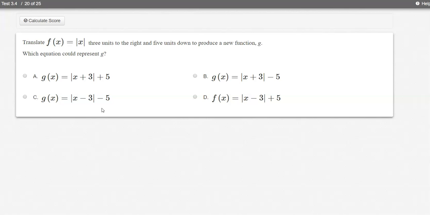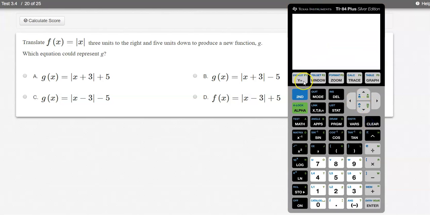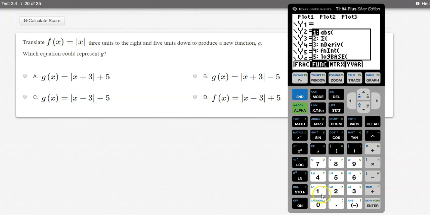All right, to translate this to the right, I would recommend putting this in the calculator. So I'm going to clear out all that. Clear that out too. Let's do alpha, I think it's window. Yeah, alpha window 1 will give you the absolute value, and you're going to put X in there. Now go down to Y2 and let's look at these answer choices.